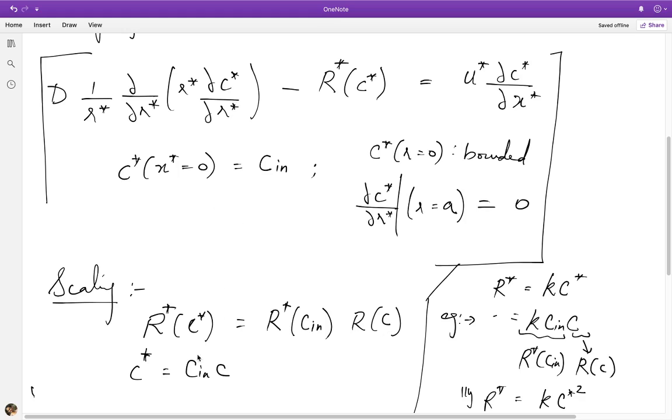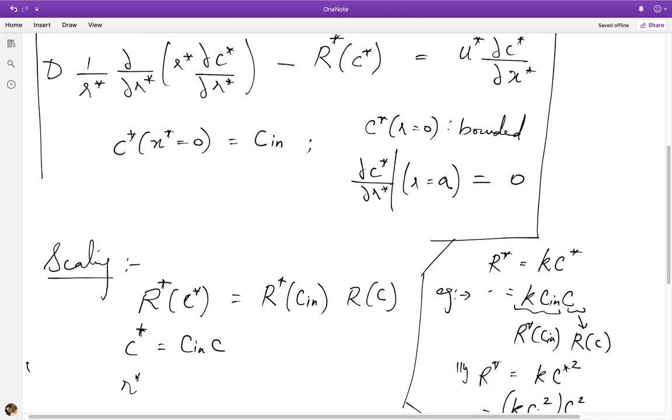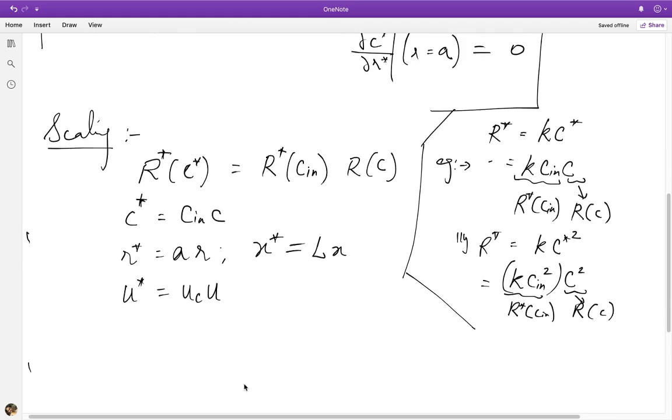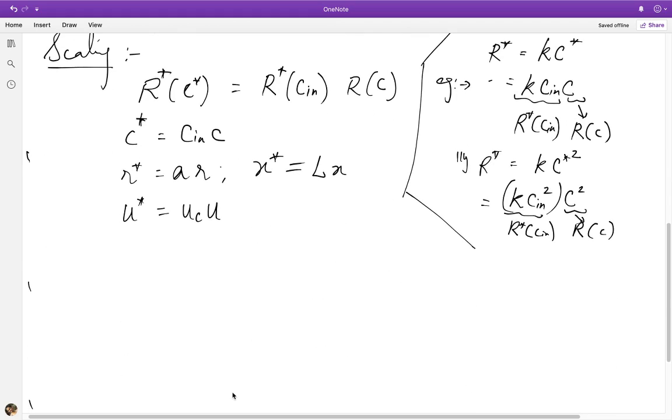So we scale concentration, like I said already, with the inlet concentration. We'll scale the radial direction with the radius, the axial direction with the length of the reactor. And of course we already know that U star is the U characteristic times U, where I define U characteristic in terms of the applied pressure gradient G above.